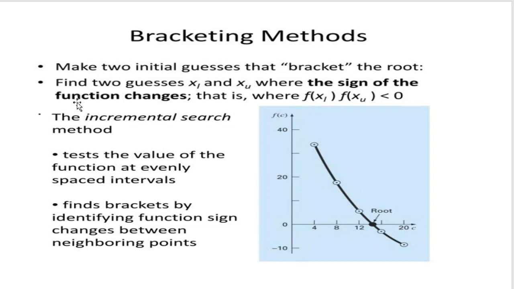So this becomes your condition to be checked before we finalize the two guesses. The incremental search method tests the value of the function at evenly spaced intervals. It finds brackets by identifying function sign changes between neighboring points.